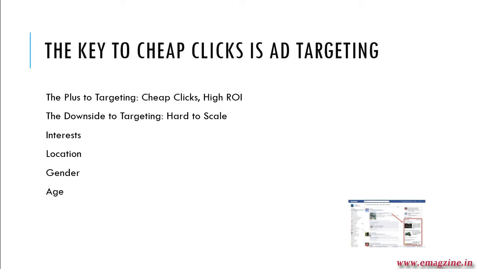Age. Now, in the beginning, when you start to look at age, and we'll talk about this in one of the later videos, you're not necessarily going to want to limit too much where you're targeting age. You want to find out first. You're going to get a report from Facebook that will tell you who's clicking your ad, and then that's when you'll start to come back to re-optimize your targeting, and you might shut off some of the age groups where people are not clicking your ads.